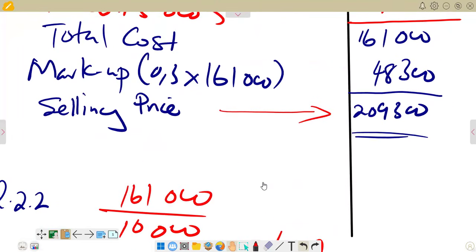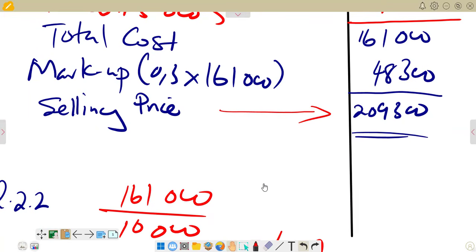Let's just say 161,000, and then we add 48,300. You get 209,300, correct?